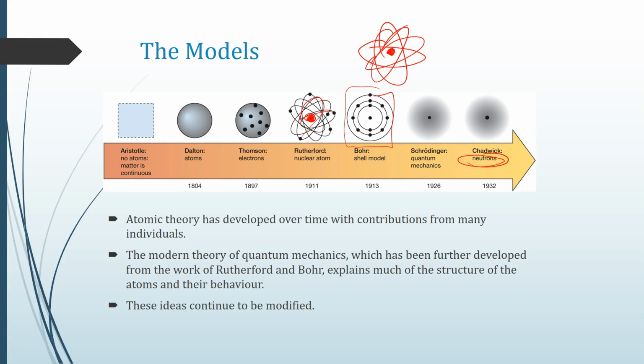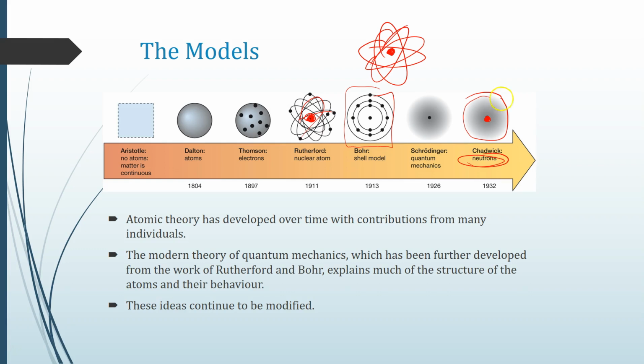In these models, we still have a dense central positive core, the nucleus full of protons, but now our electrons don't orbit in set shells or rings. The easiest way to describe them is as a region of mathematical probability. And we'll talk about that a little bit more as we go on in class and develop these ideas.